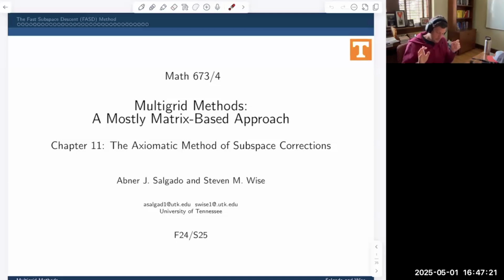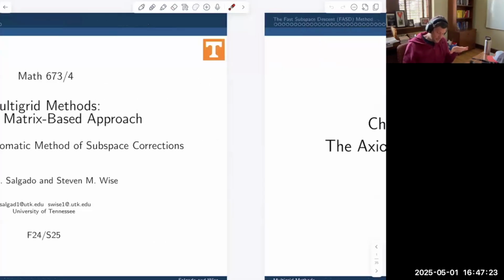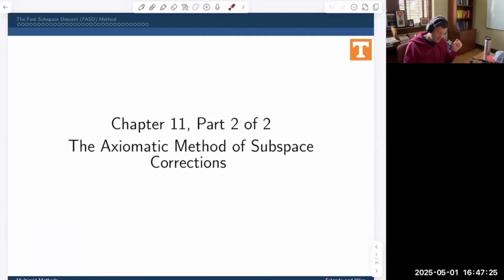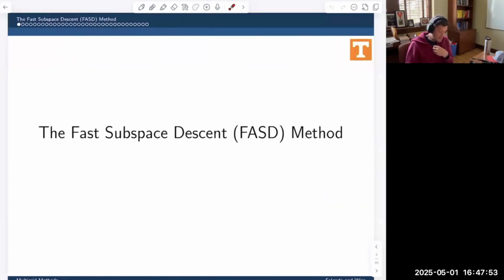All right, so second slide deck of chapter 11. The chapter title is still the same, axiomatic method of subspace corrections. So we've talked about successive subspace optimization. That's a method of subspace corrections. And now we're going to introduce a brand new one, which goes by the title, the Fast Subspace Descent method, which we gave the acronym FASD.